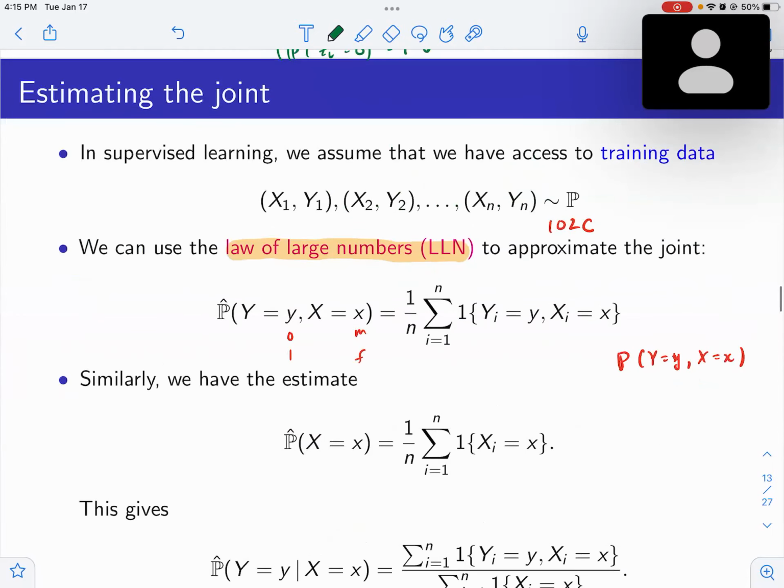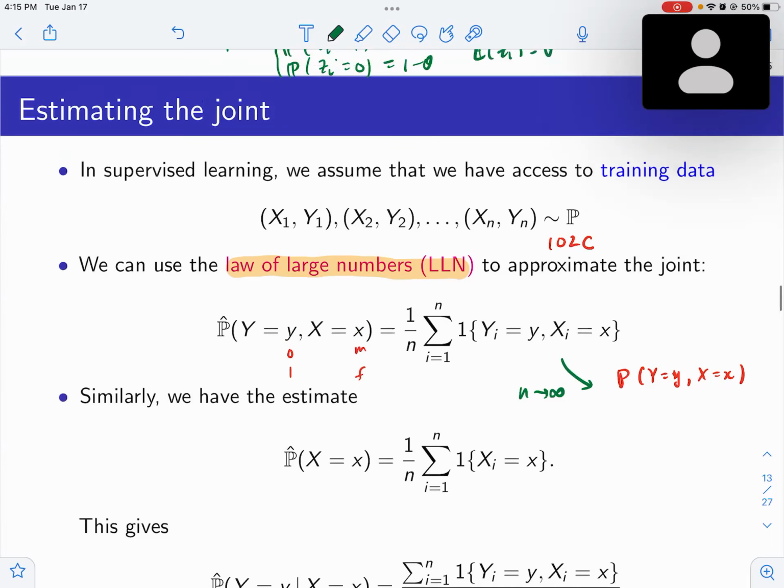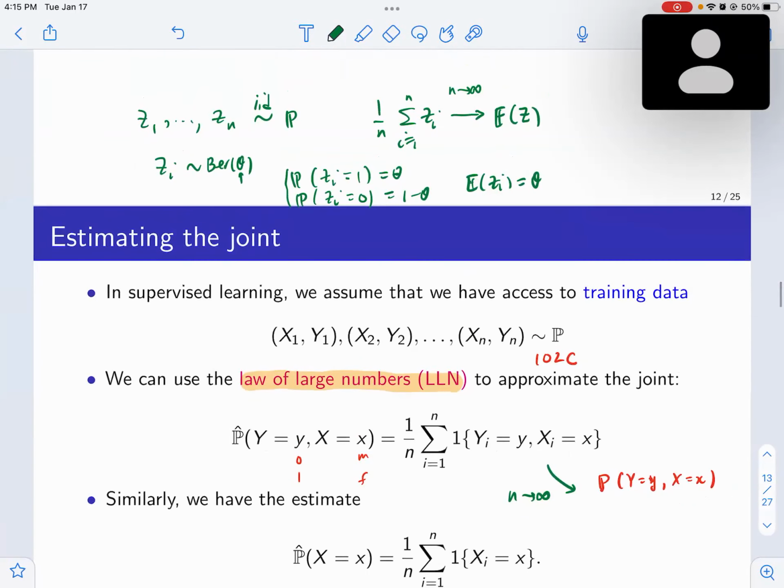So why now this? I'm arguing that this converges as n goes to infinity. As the size of the training set grows, this gets a better and better estimate of the p. This converges as the sample size grows to this. And I'm claiming that this follows from the law of large numbers. So can anyone say why that is?